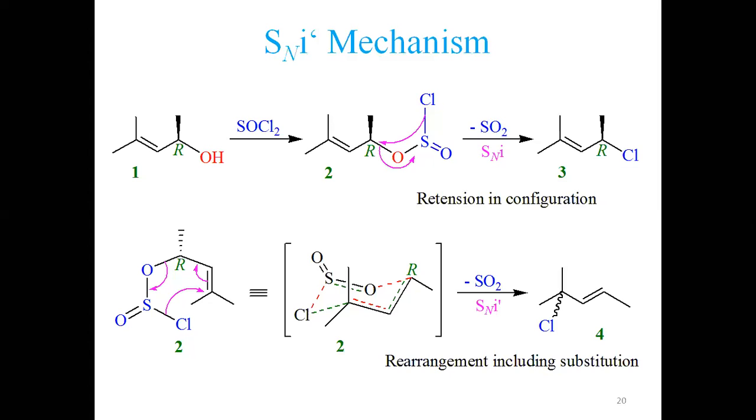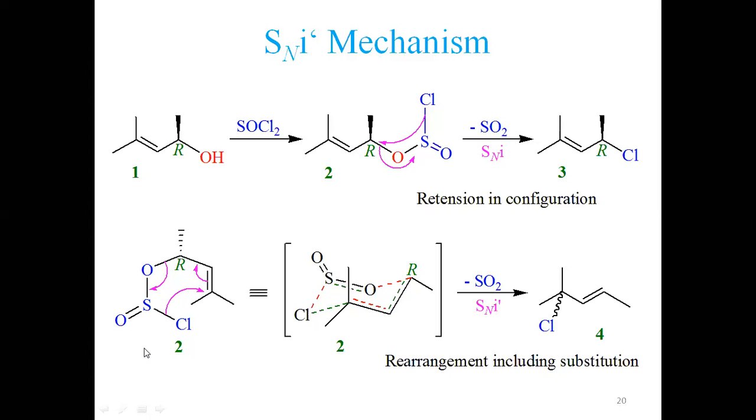But if you have a very similar substrate, an olefinic system next to an asymmetric center where the SNi mechanism is involved, you see here 4 atoms are involved: chlorine, sulfur, oxygen and this carbon. A 4-member system doesn't undergo cyclic ring formation, but this is a transition state, which is a 6-member transition state, a chair conformation. If you remember, chair conformation is a very stable entity.